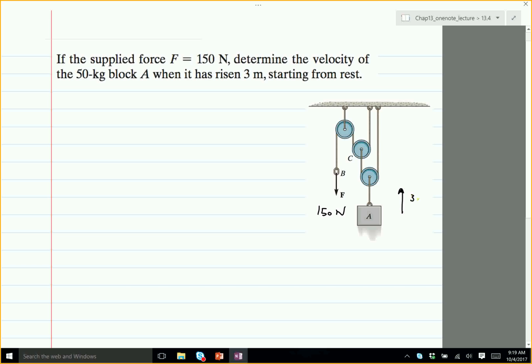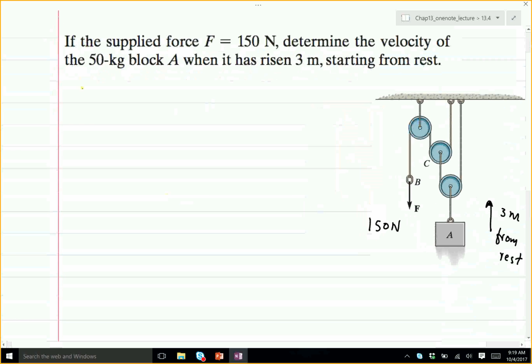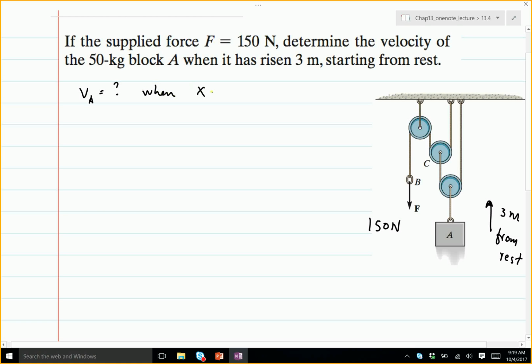So this block A rises by 3 meters from rest, and it does so because there's a force of 150 newtons applied as shown. You're going to find the velocity of A when x_A equals 3.